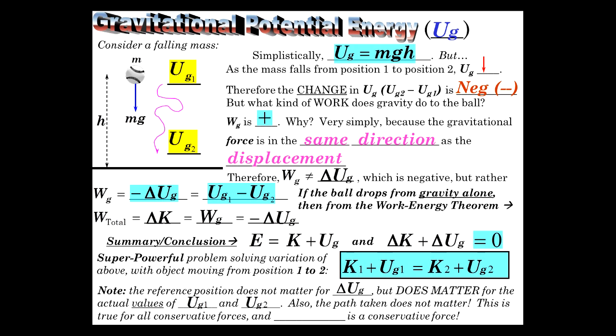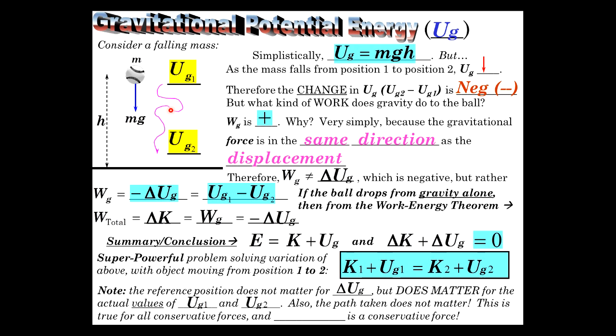And the path also doesn't matter. So if I took this randomized path versus a straight path, the change in gravitational potential energy and the work done by gravity is still the same. Basically, if you're going sideways, gravity doesn't do any work. Its doing of the work is suspended momentarily until it starts going down again.